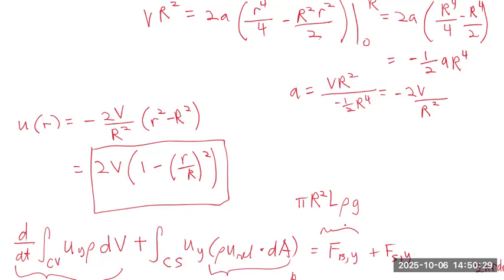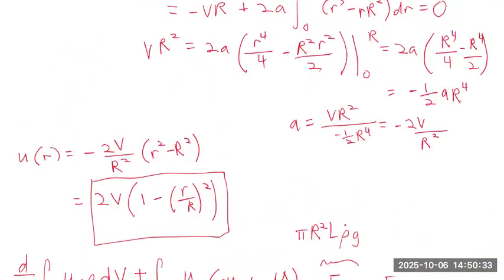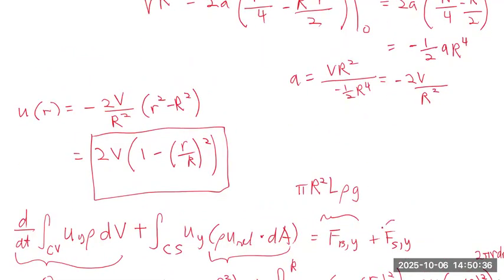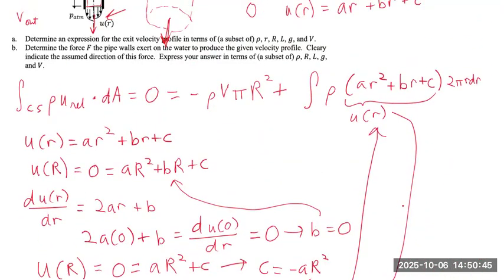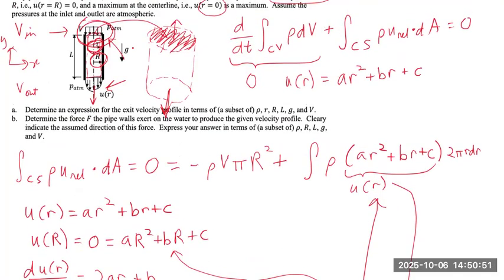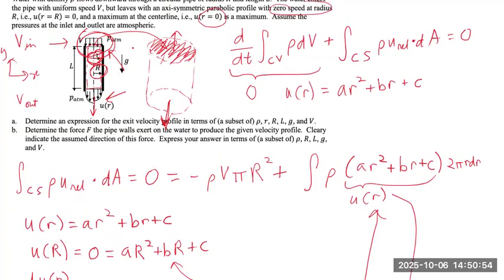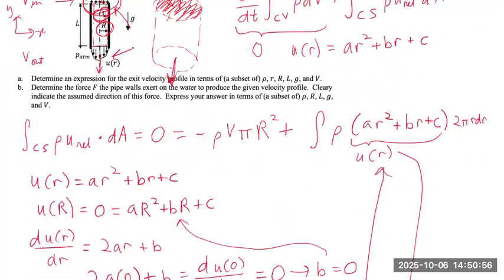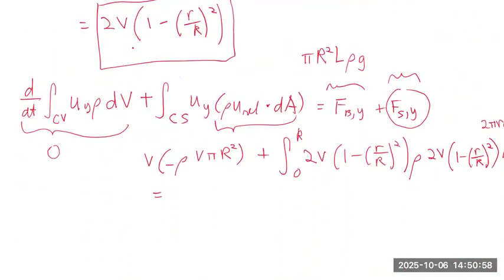So rho g pi r squared L, and then basically this component is the surface forces due to viscous forces or pressure forces. And the pressure force is going to be from the wall, and we're going to call it F wall.